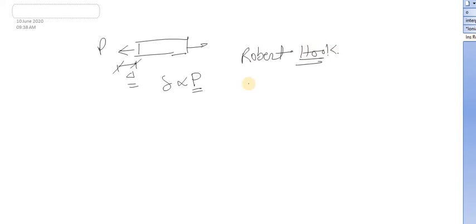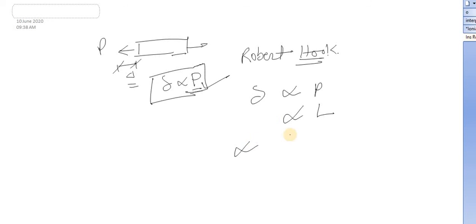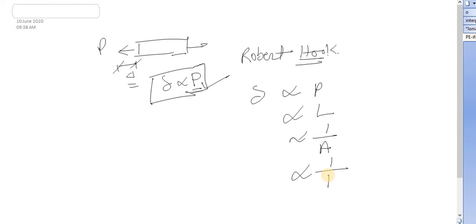He says that this increment in length is not only related to your load, rather it is proportional to the load, proportional to the length of the material or body, inversely proportional to the cross section of the body, and inversely proportional to the property of the material. Let's say it is E. I will discuss later what E is.